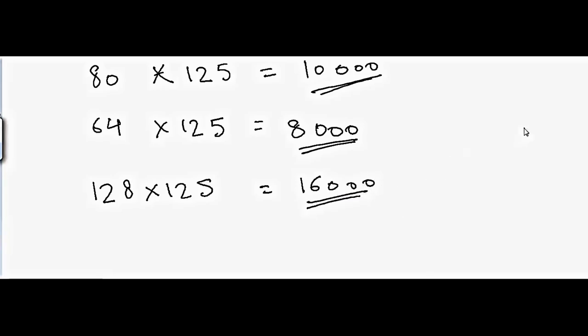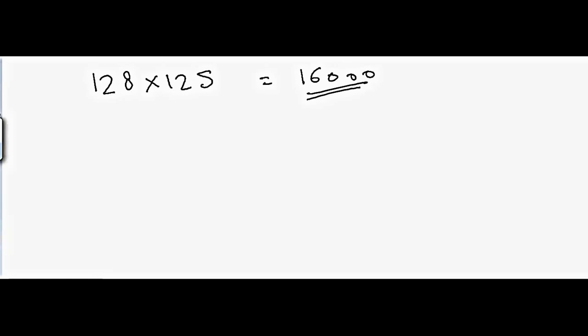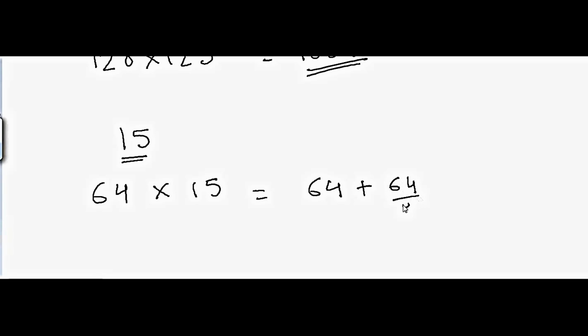So now let's go to multiplication by 15. In case of 15, this is a little different. Suppose we have 64 and want to multiply it by 15. In this case, what I will do is I will take 64 and then add 64 divided by 2 to it, and then multiply by 10.